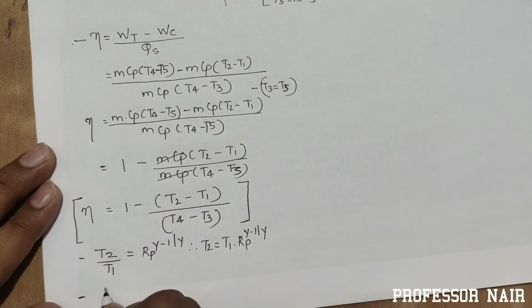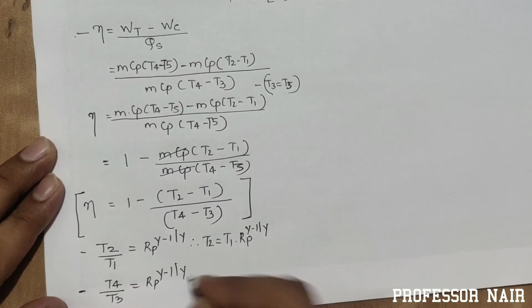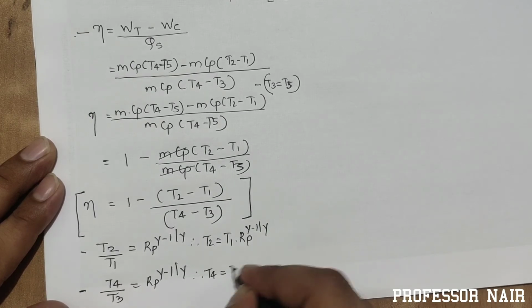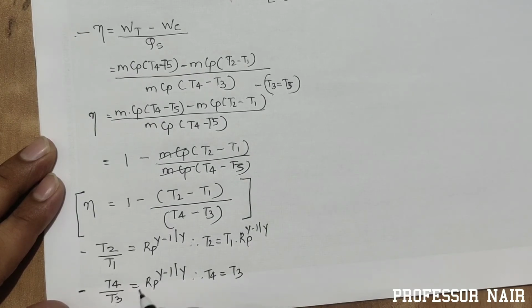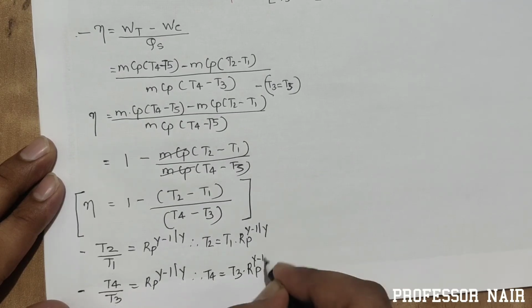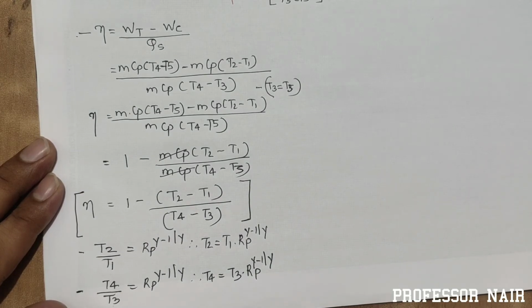Similarly, what can I write? T4 upon T3 would be equal to Rp raised to (gamma minus 1) upon gamma. Therefore T4 value would become T3 into Rp raised to (gamma minus 1) upon gamma. Are you understanding this equation, students?